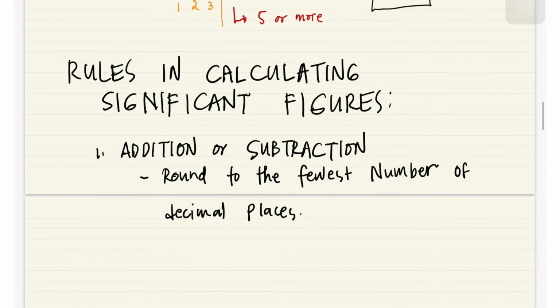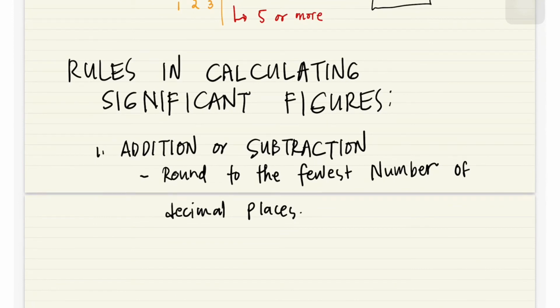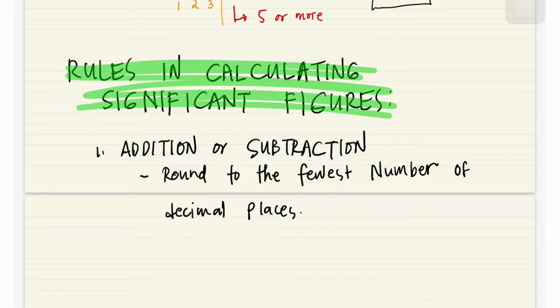Again, these are rules when we're trying to use significant figures in calculating. Remember the rules. The first rule is when we are going to add and subtract, round to the fewest decimal places. Example.